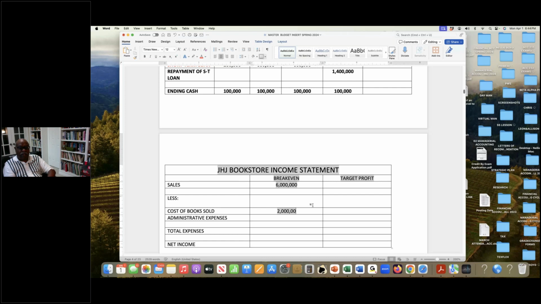And the administrative expenses were 4 million. So the total expenses were 6 million. And the net income was 0. So we broke even.